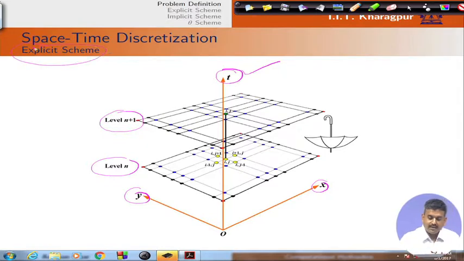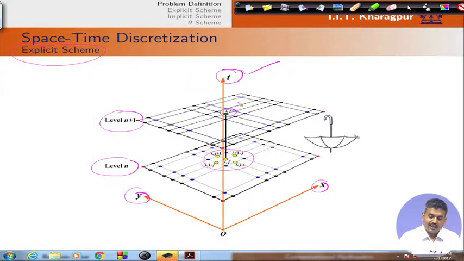What is this explicit? In explicit scheme, we are considering the spatial values for neighboring cells and the neighboring points or nodes, and the node for which we are discretizing at the present time level or nth level, and we consider only the n plus 1 level value for the central point which is under consideration.